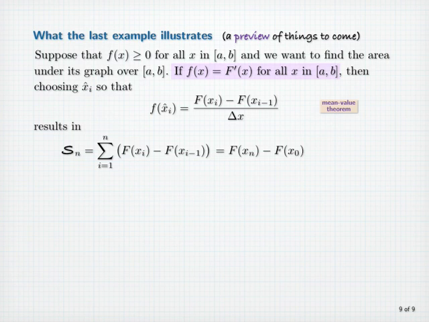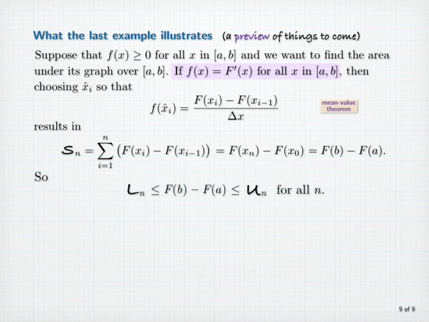And since xn is b and x0 is a, we have capital F of b minus capital F of a. So, capital F of b minus capital F of a, which is independent of n, is between every lower sum and every upper sum, and consequently that must be the exact area.